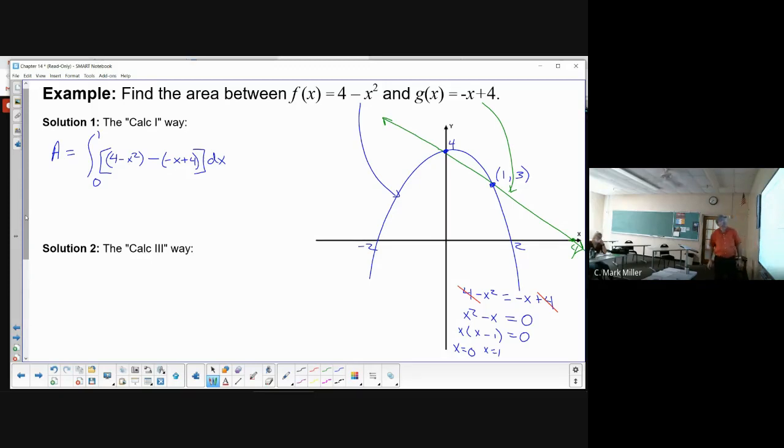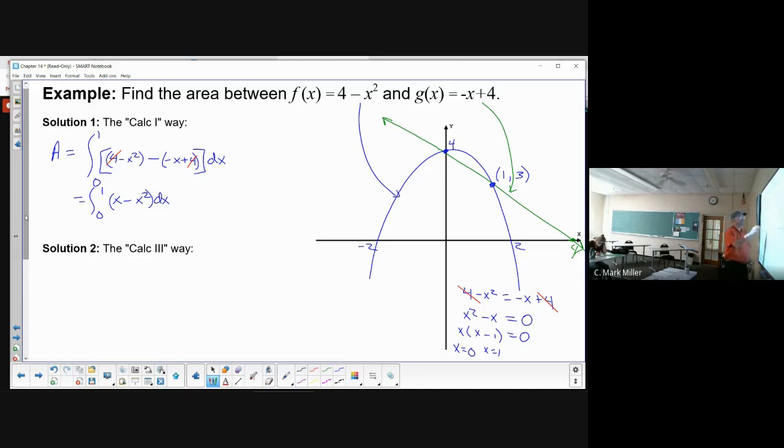Okay? Let's do some stuff here. 4 minus 4. And so this is going to be integral 0 to 1 of positive x minus x squared dx.